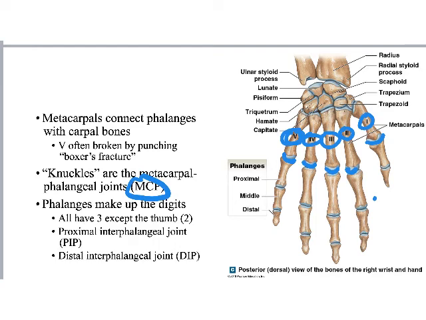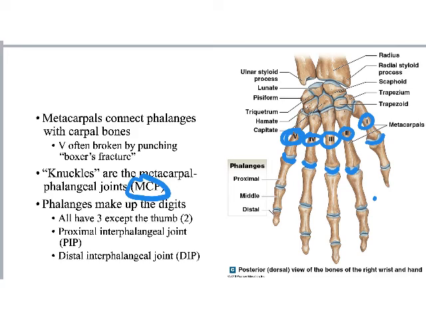Then the phalanges are what we call the fingers. And all of the fingers except for the thumb have 3 phalanges. So we're going to give those 3 phalanges names depending on how close they are to the MCP joints. So the one closest to the MCP joint is proximal. The one farthest away is distal.